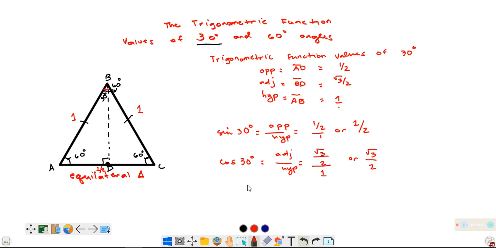Now, let's continue with the tangent. Tangent 30 degrees is equal to the opposite over adjacent. So, pakirecall na ang rules natin when solving for fractions. Meron tayo dito opposite, which is 1/2.